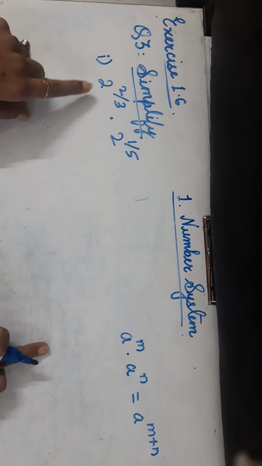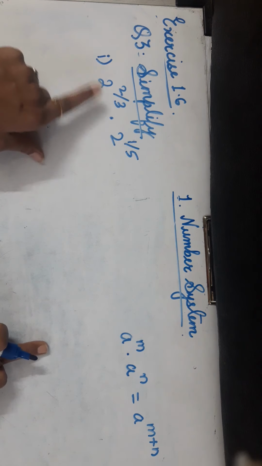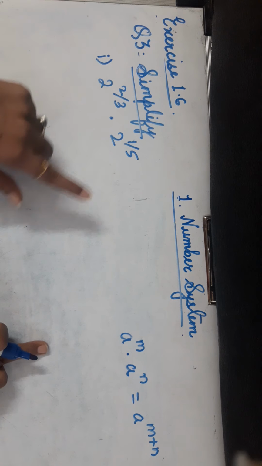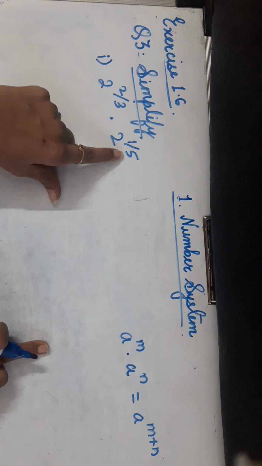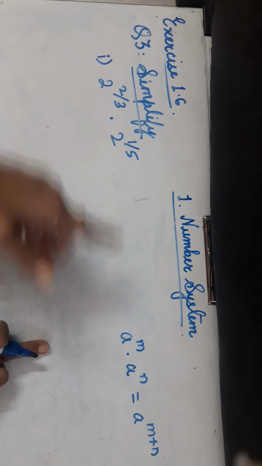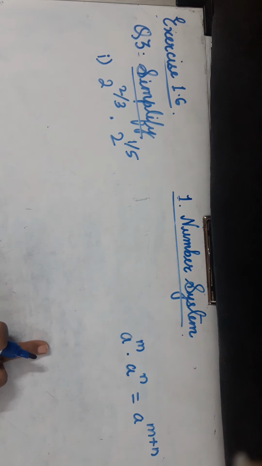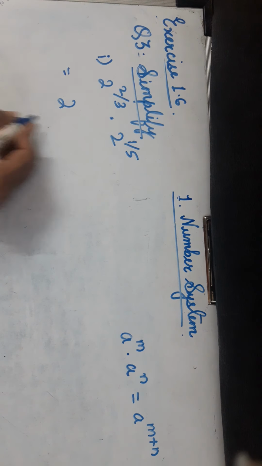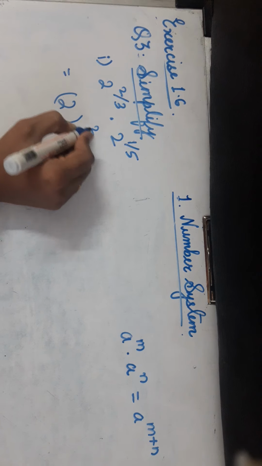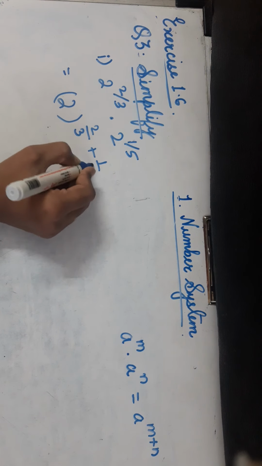So what is a in this question? 2, the base. And what are m and n? m is 2 by 3 and n is 1 by 5. So just write the base once and add their powers, 2 by 3 plus 1 by 5.